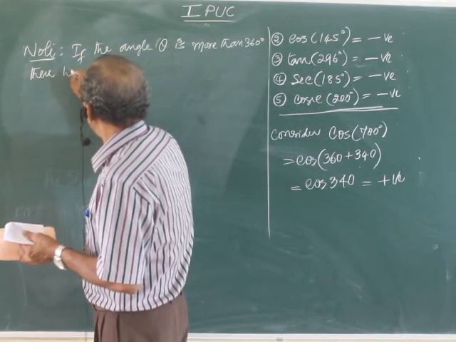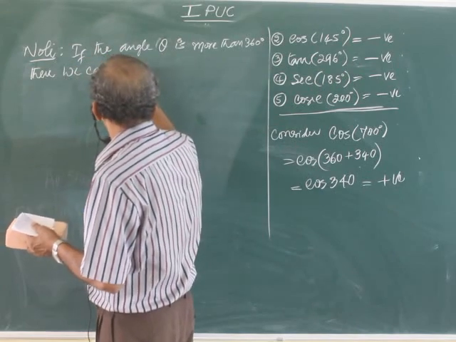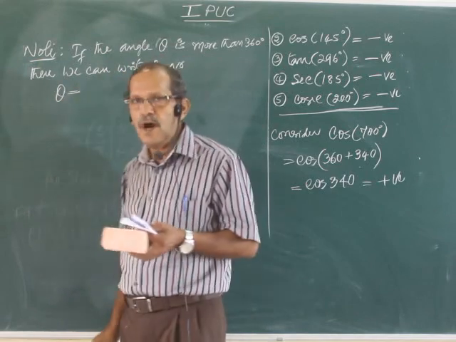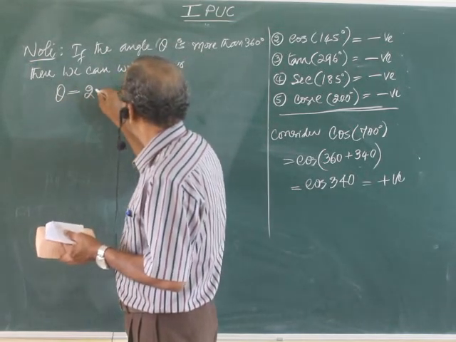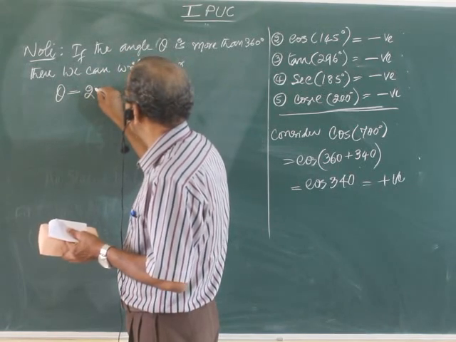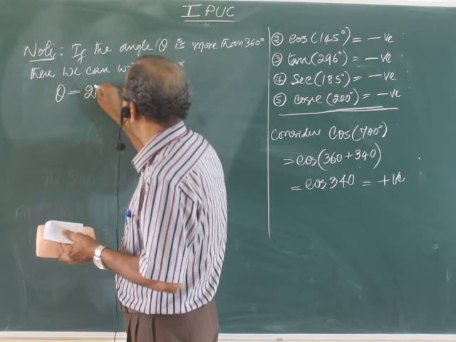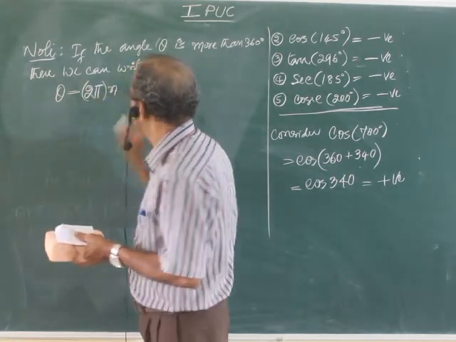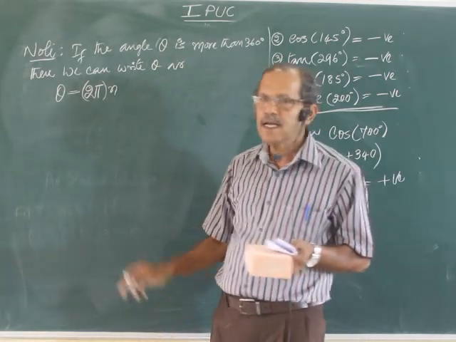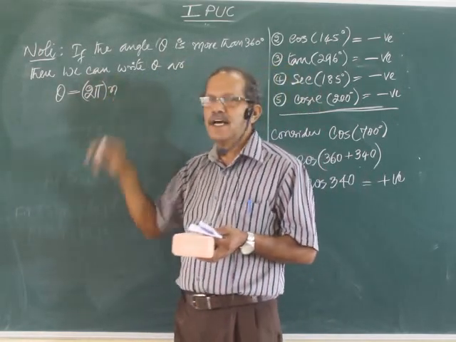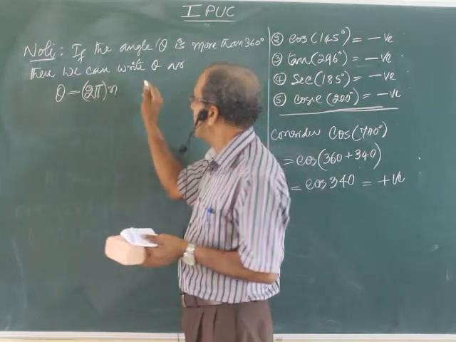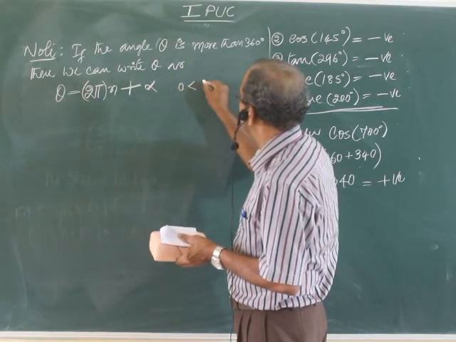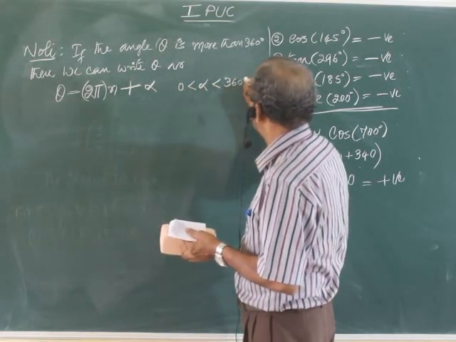Then we can write theta as theta equal to 2 pi into n, because I am writing in radian, not degree. For one rotation, 2 pi radian. n is any number of turns, 2 rounds, 3 rounds. Plus another angle alpha. Remember, this alpha is always less than 360.